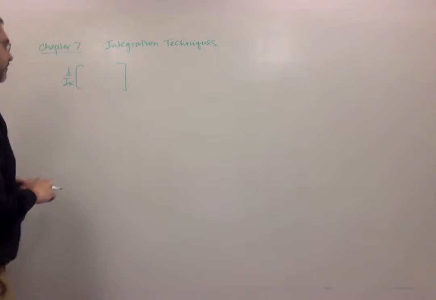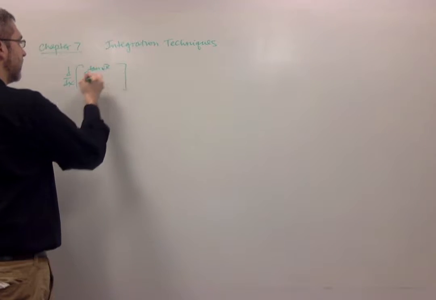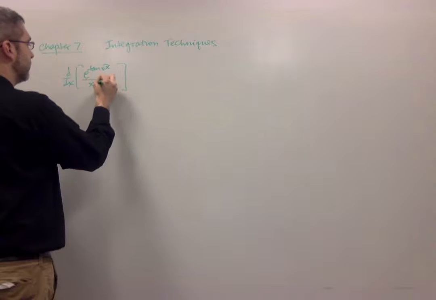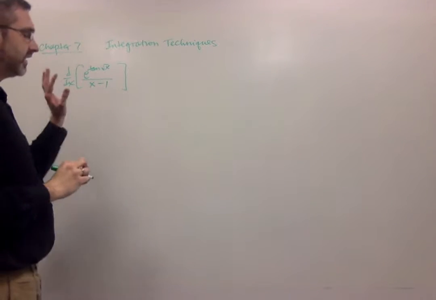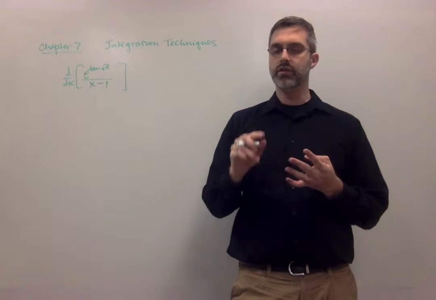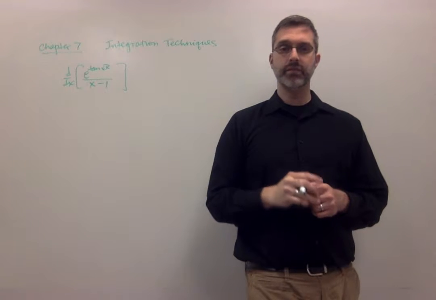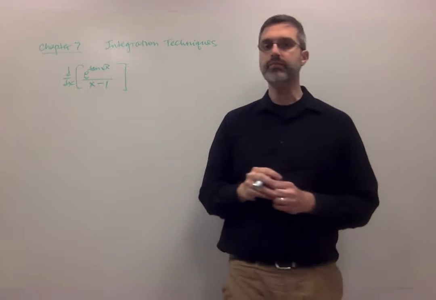If I ask you for the derivative of e to the tangent of the square root of x over x minus 1 or something like that, it's ugly. You have to do the quotient rule, you have to do the chain rule maybe several times, but you can do it. Just take a couple minutes, you can do it.